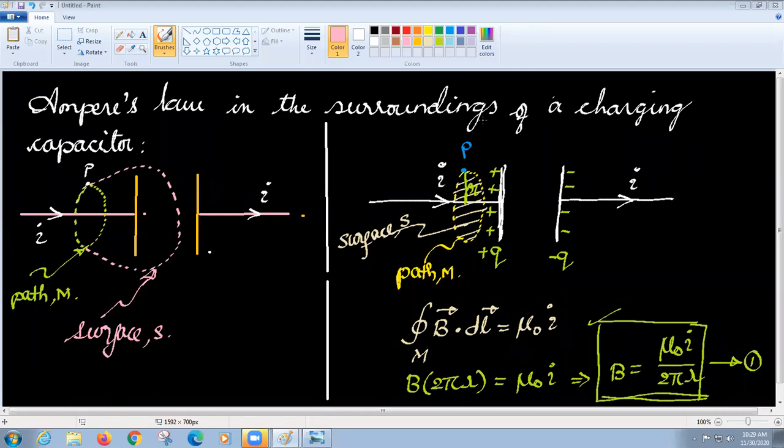You forgot about leaving, entering, whatever. See, you are seeing a void. You are seeing a gap in between these two capacitor plates in which you have no conducting medium. So now there is a surface, yes, between these two capacitor plates. Now, how do you say it is 0? How do you say that this surface is intercepting no current?